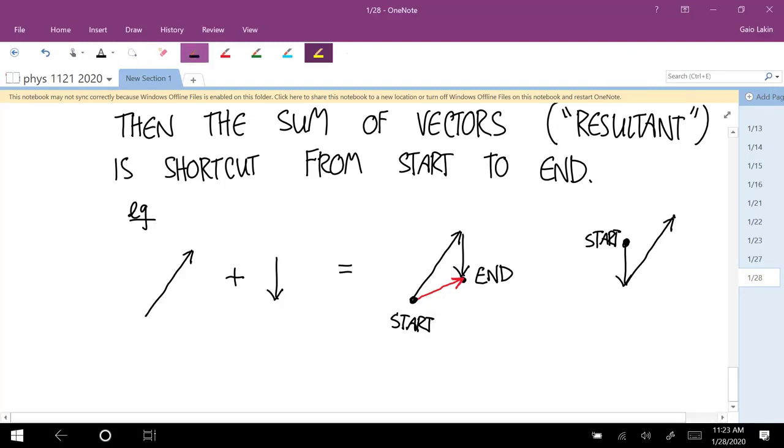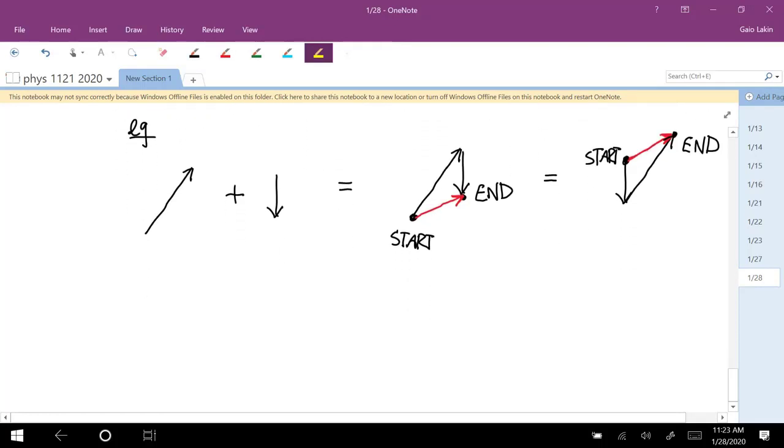So here's the end. And if you do it carefully, because location doesn't matter, this vector and this vector are the same. So the order of operations doesn't matter.